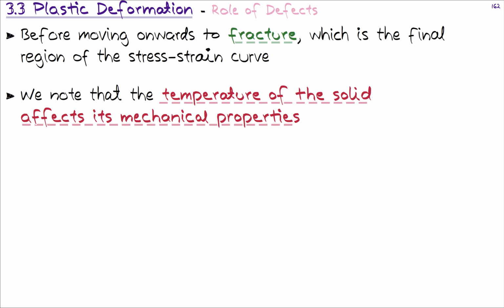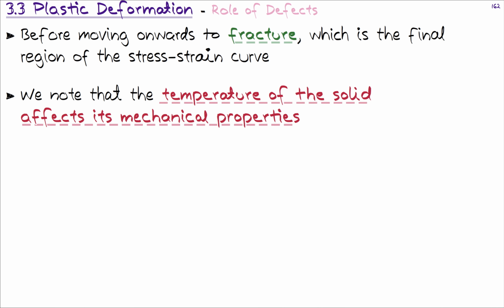Of course, like with an electrical cable, the thermal expansion takes place, but in addition to that, the temperature of the solid also affects the dynamics that may play a role when we are seeing an effect of defects in the material properties.